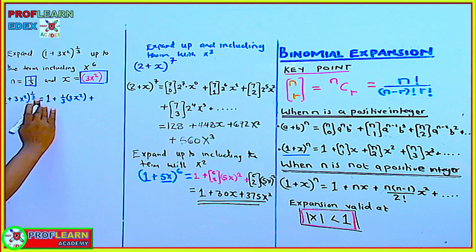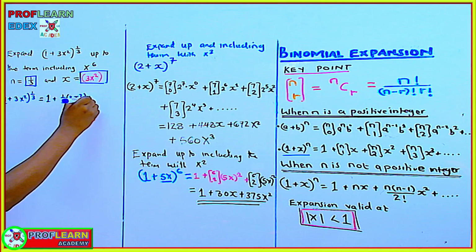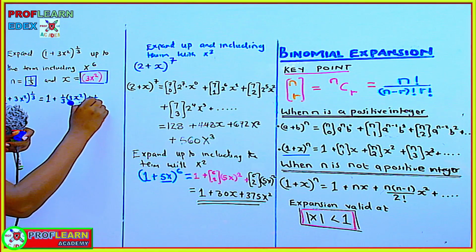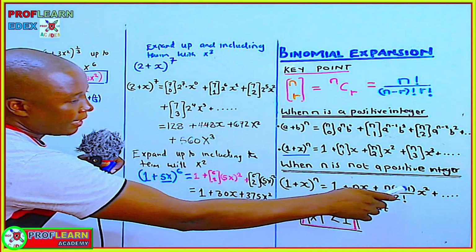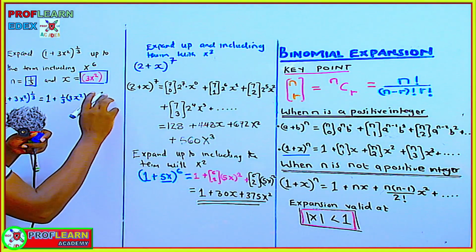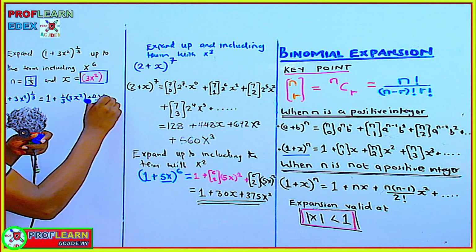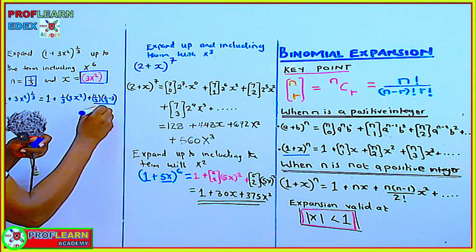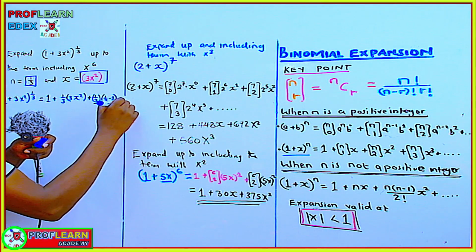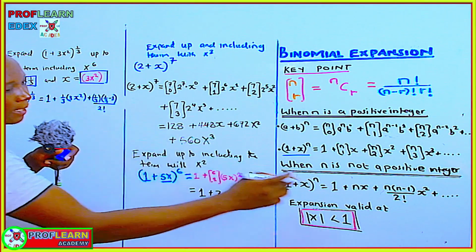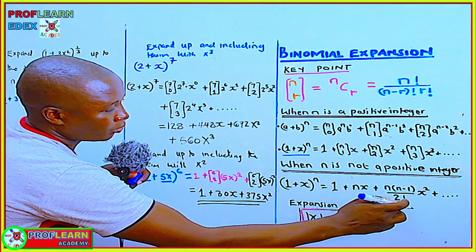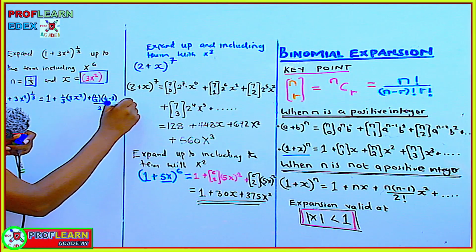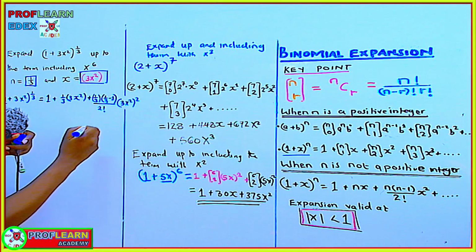So I can say 1 over 3, again 1 over 3 minus 1, over 2 factorial, then x to the power 2, and our x is 3x squared, then squared.